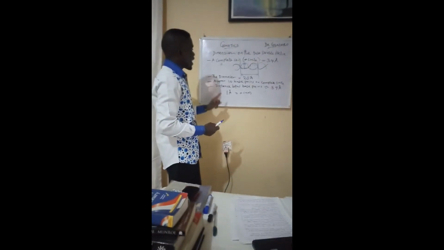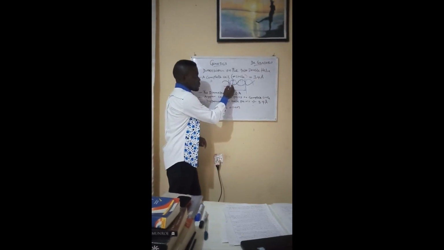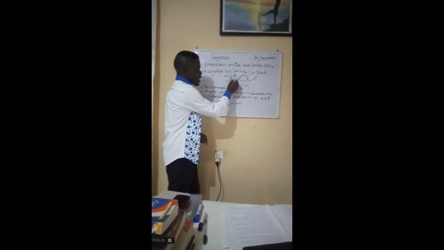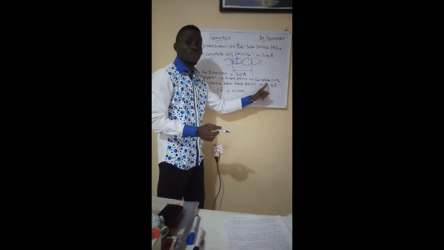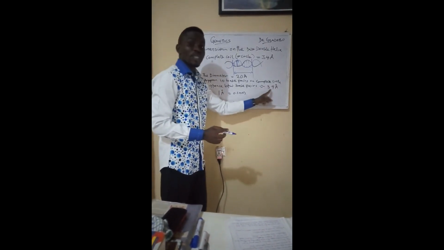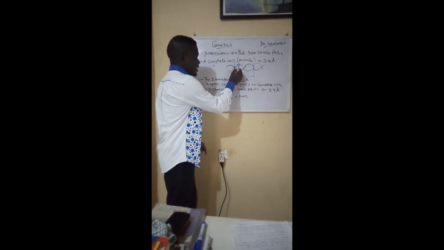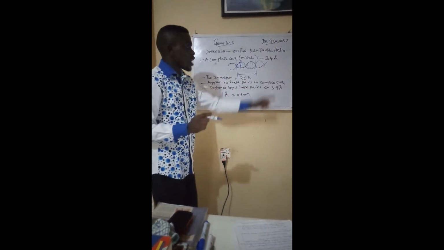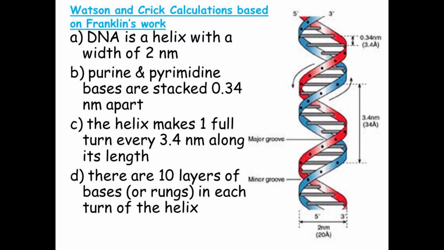Also, the distance between this base pair and the next base pair is approximately 3.4 Angstrom. Now, just for conversion, 1 Angstrom is equal to 0.1 nanometer.